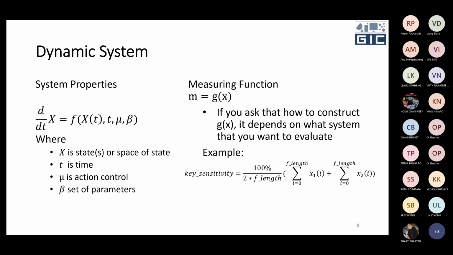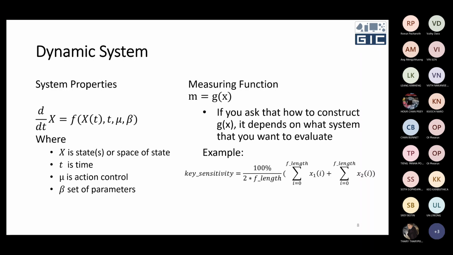In this case, the measuring function's x is not the state. It's just one variable, because to evaluate something you can have one variable or two variables, depending on how you evaluate. Here I just use one function, m equals g of x. It's the measuring function, just a representation.